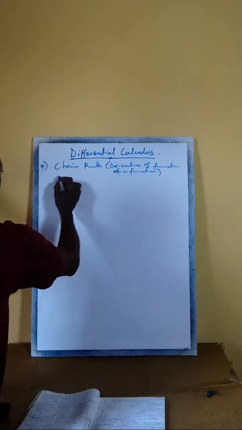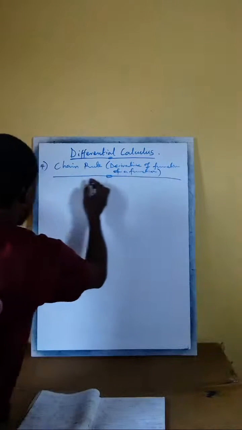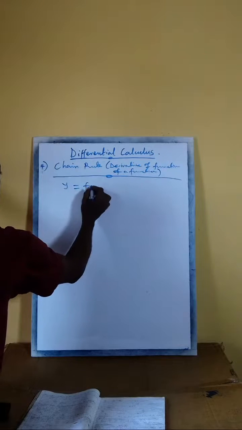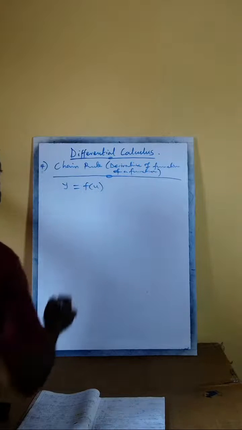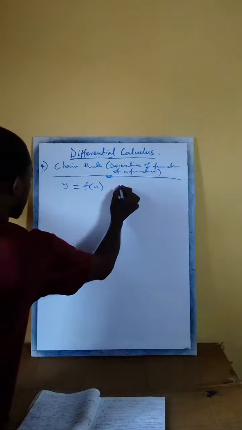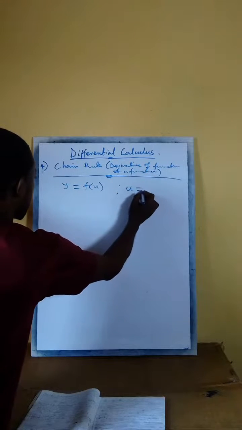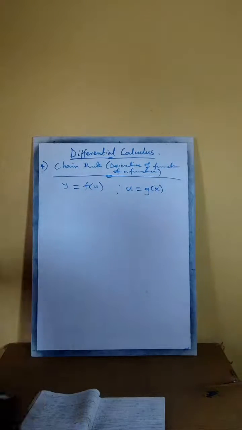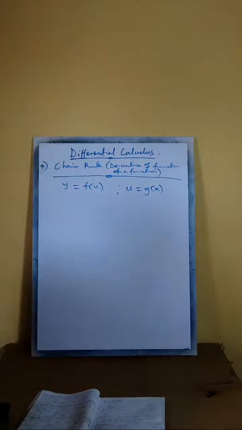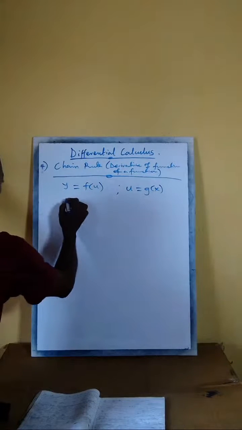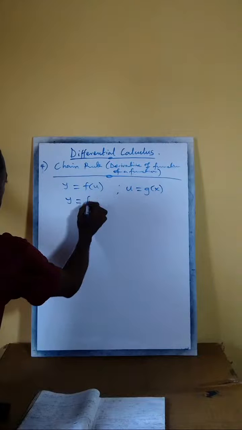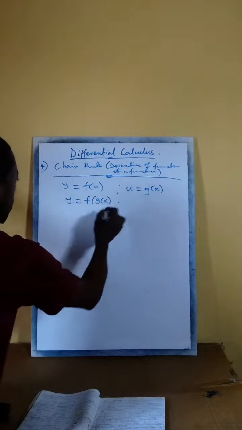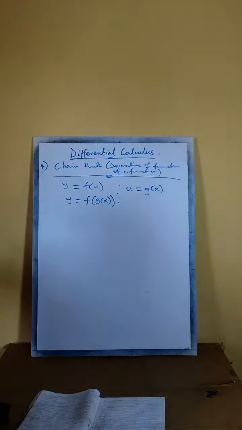From what we have here, let's say y is a function of u, where u as well is a function of x. Then it implies that y is a function of a function of x.